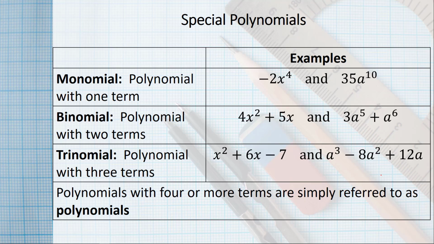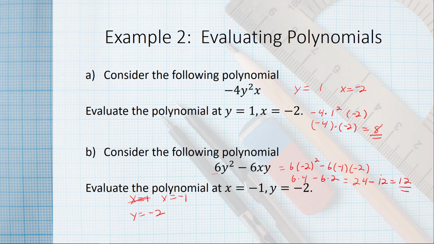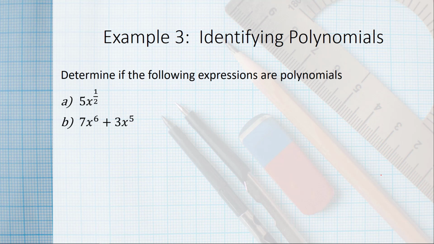So with that in mind, we can look at 5x to the 1/2 and notice we have a fraction here. As a consequence, this is not a polynomial, because a polynomial cannot have fraction exponents.